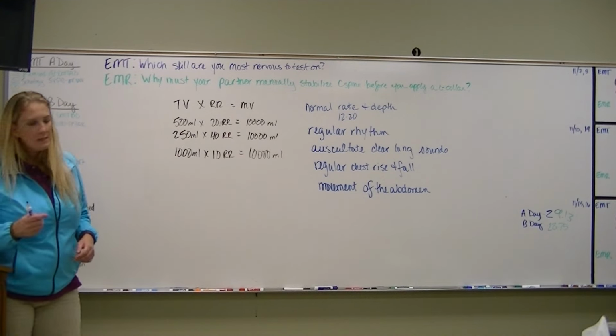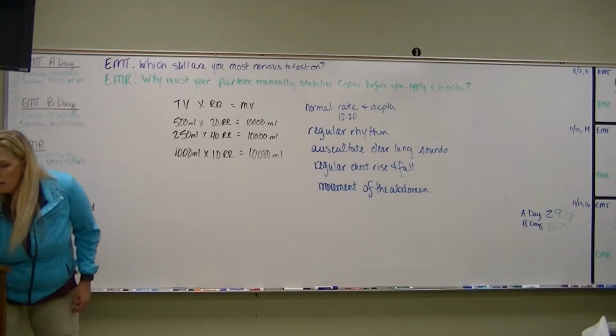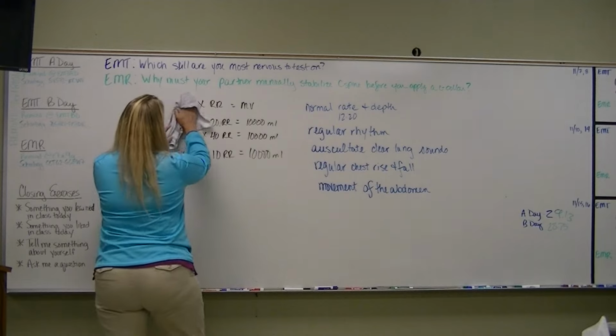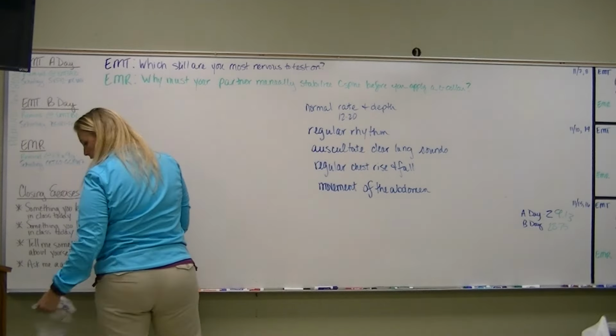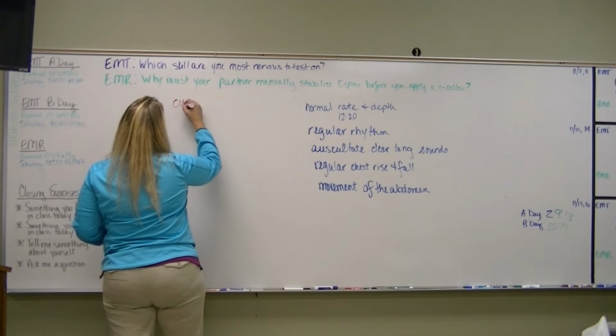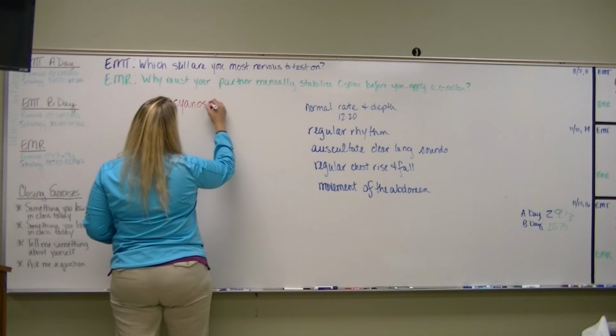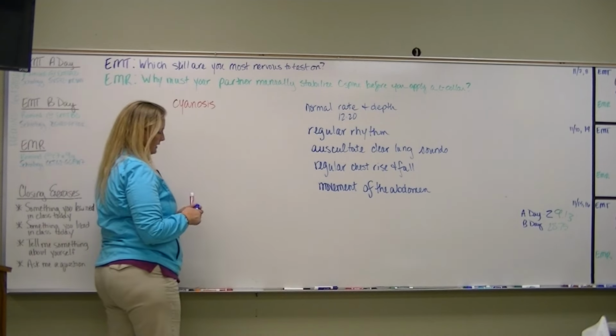What are some of the signs of inadequate breathing? Cyanosis. Muscle retractions. Where are we going to see muscle retractions?